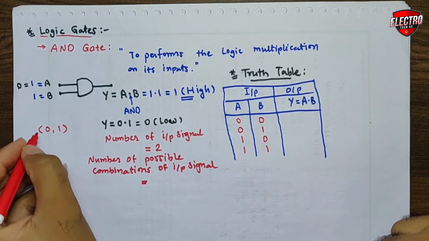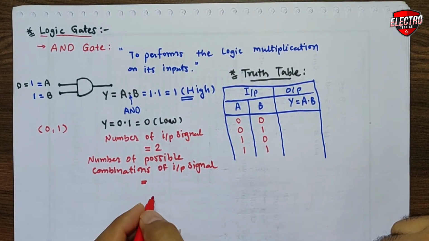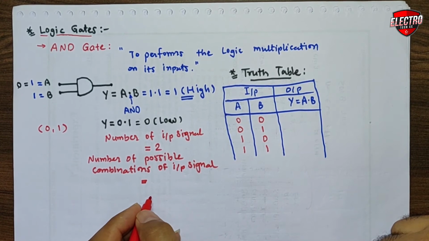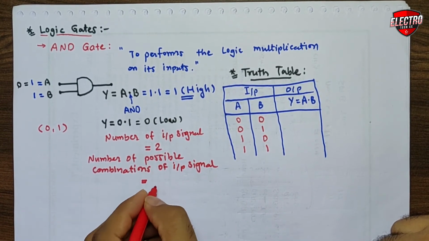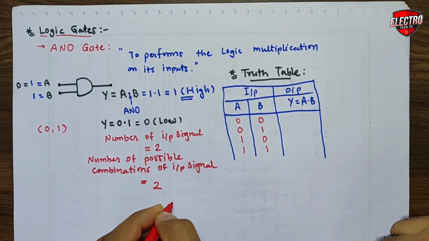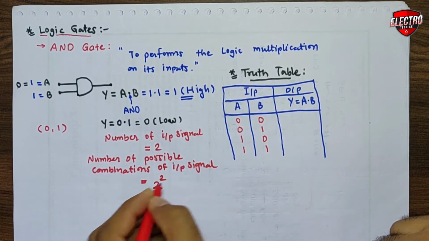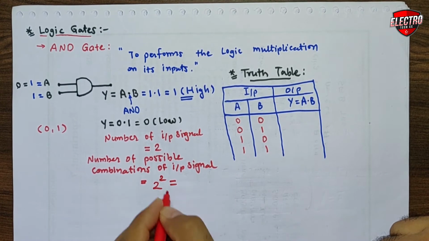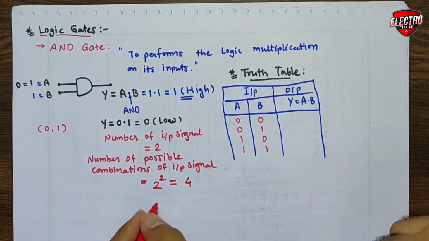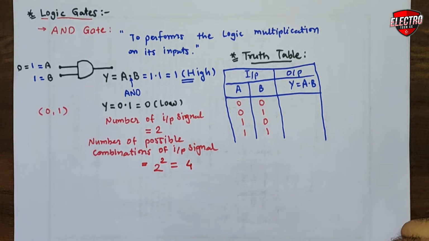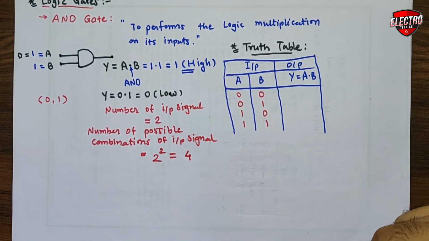That means we can use either 0 or 1 to make different possible combinations of input signals. That means with two distinct values and two input signals, we get 2 raised to 2 possible combinations. 2 raised to 2 is equal to 4. That means the number of possible combinations is 4.